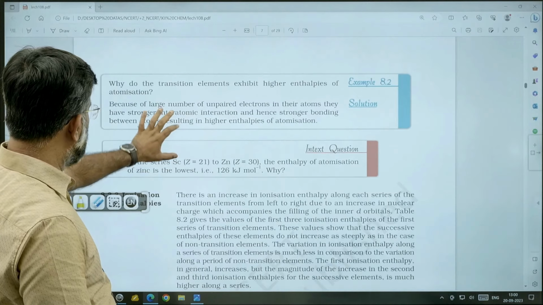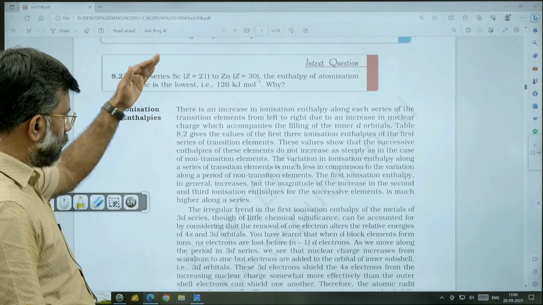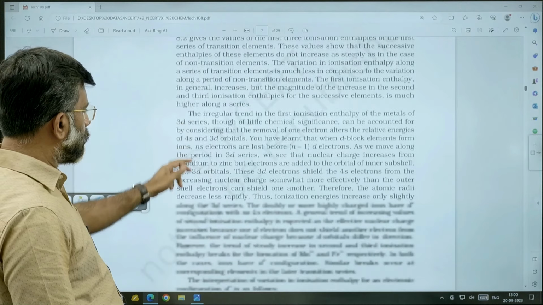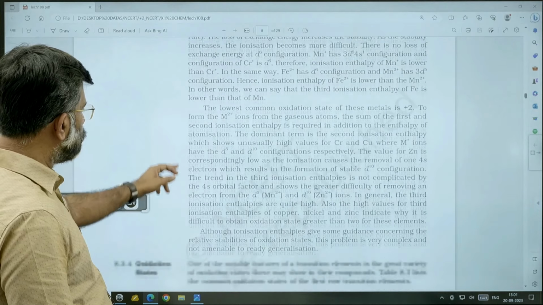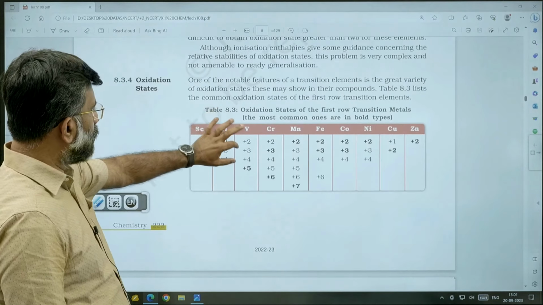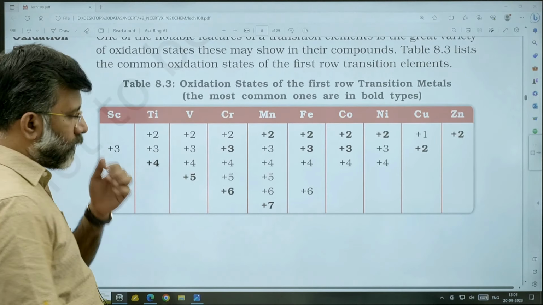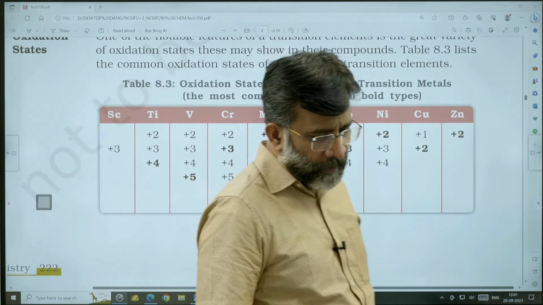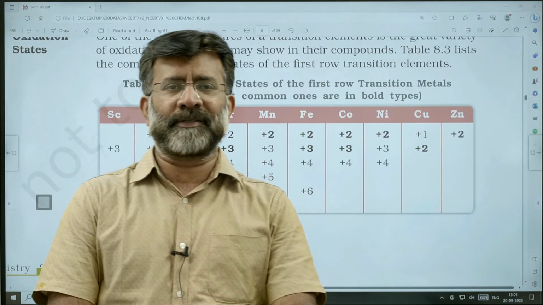Now, what is the next point of discussion? Ionization enthalpies. Already we had a detailed talk on ionization enthalpy. Next is an important point regarding oxidation state, the oxidation state of transition metals. Transition metals are well known for their variable oxidation state.